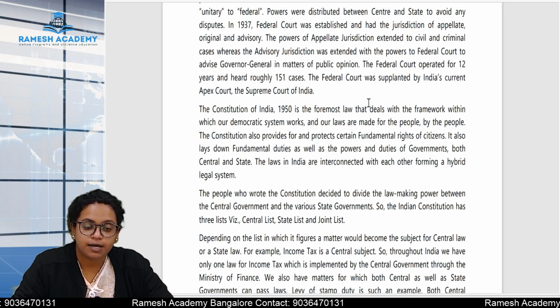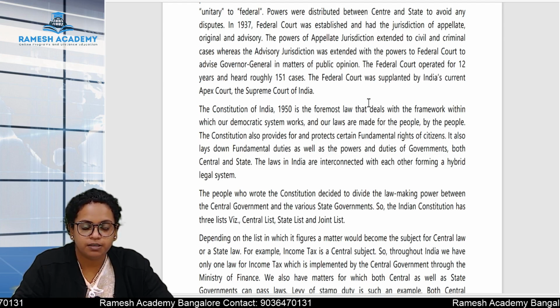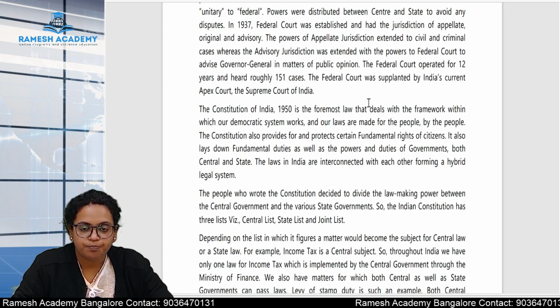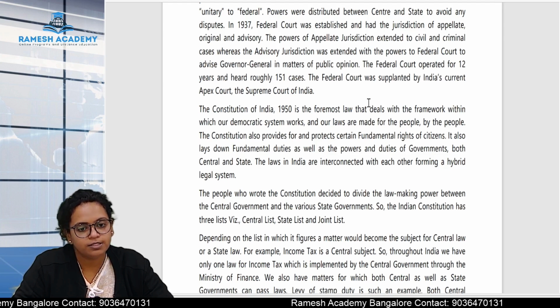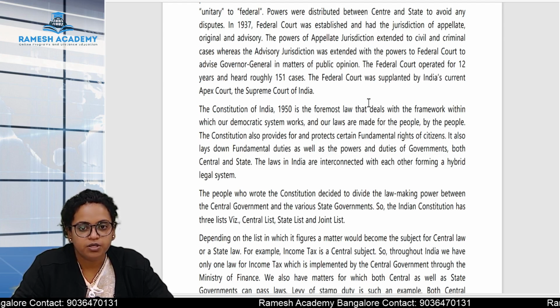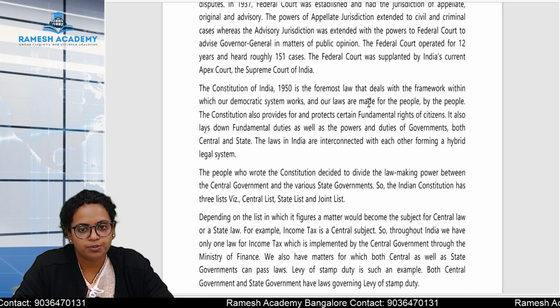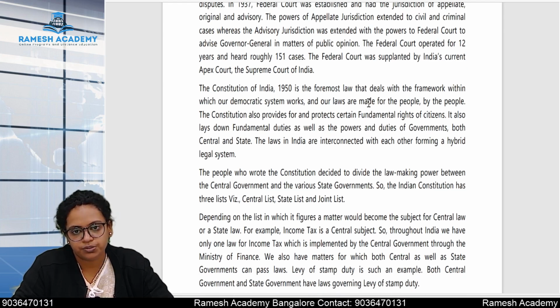And then it was replaced by the current apex court, that is the Supreme Court of India. So now it is called the Supreme Court of India and not the federal court.